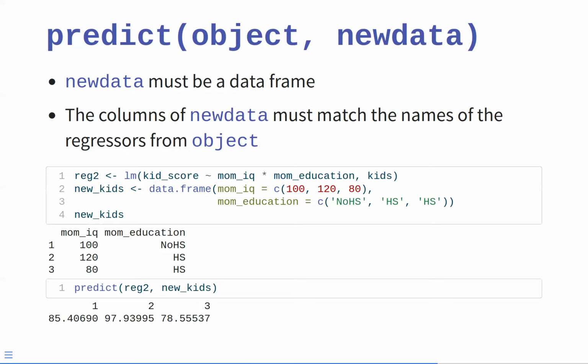So when I pass this in, for every row of new_kids, I've got x values, and I'm going to push them through the fitted regression to get y values. So in the final line of R code on this slide, I'm getting three values. These are the fitted y's that correspond to those three rows of x values.